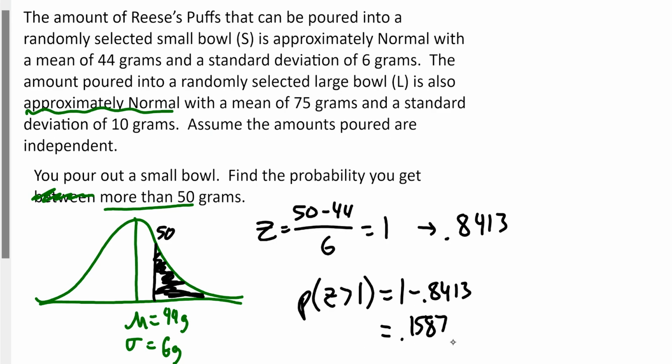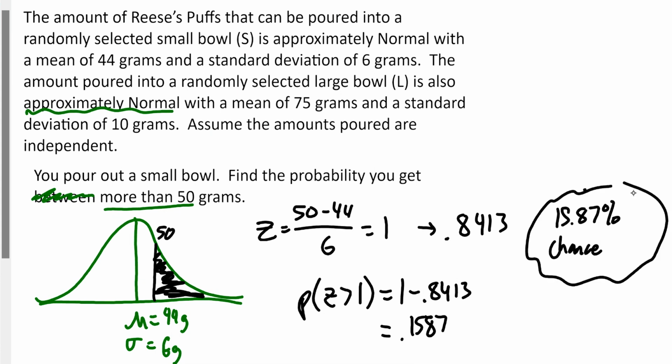So in other words, there is a 15.87% chance that one small bowl pour will be more than 50 grams. All right. So there's an example with a normal curve.